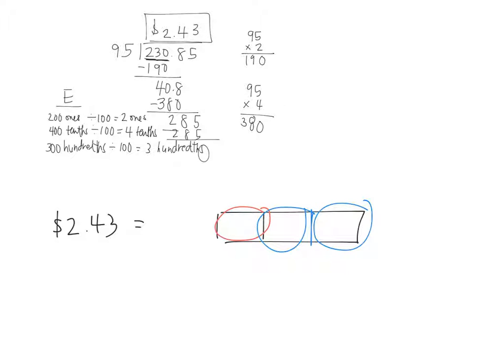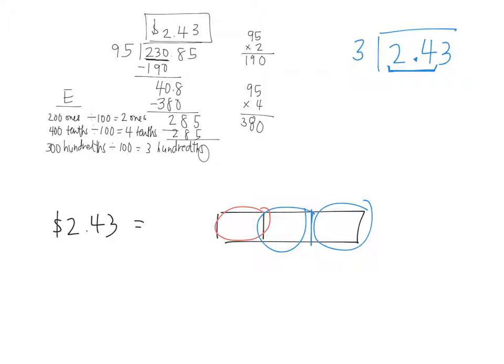So how many sections do I need to split $2.43 into? 3. So how do we do that? We can do $2.43 divided by 3. Okay. Now, I can just look at this one without estimating because I know that 24 is compatible with 3, isn't it? Is this 24 ones or tenths or hundredths?